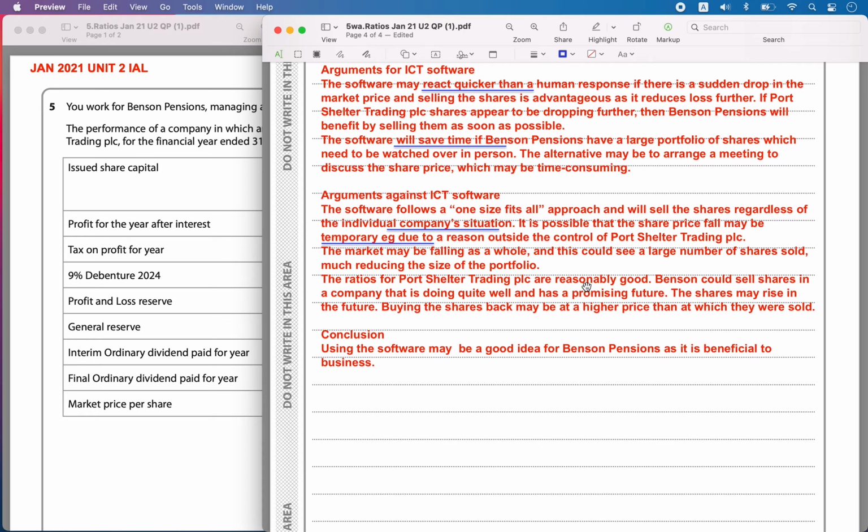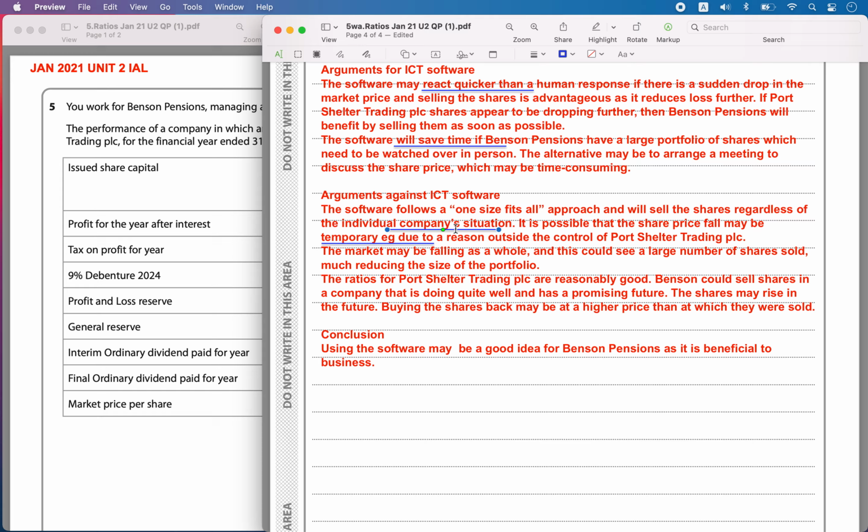You see that the ratios were good, that means the company was performing well. So Benson could sell shares in a company that is doing quite well and has a promising future. The shares may rise in the future. Buying the shares back may be at a higher price than at which they were sold.